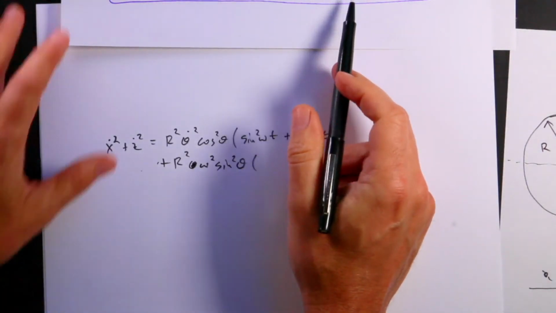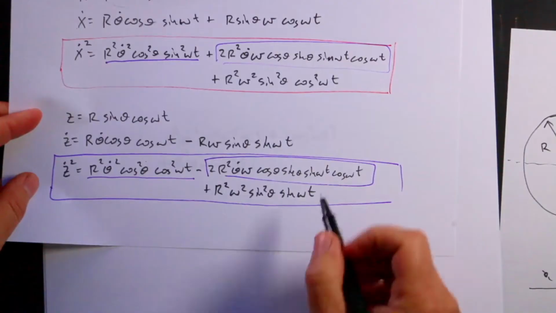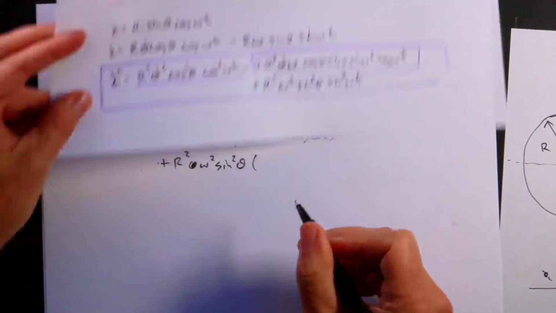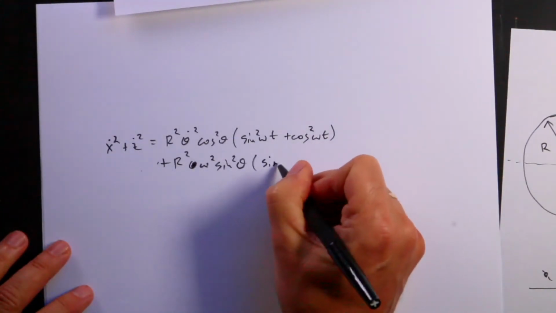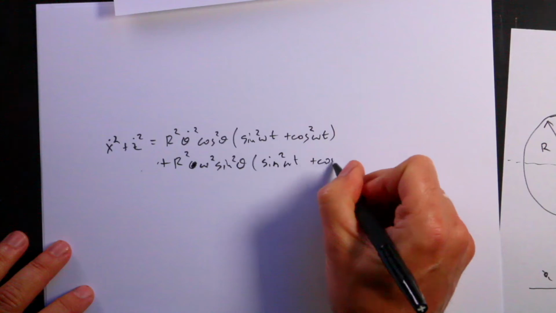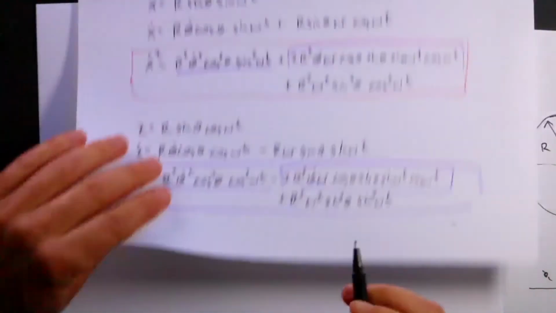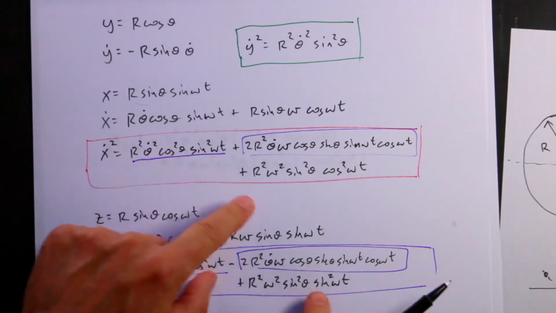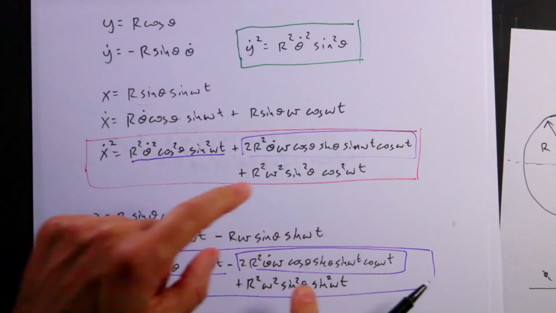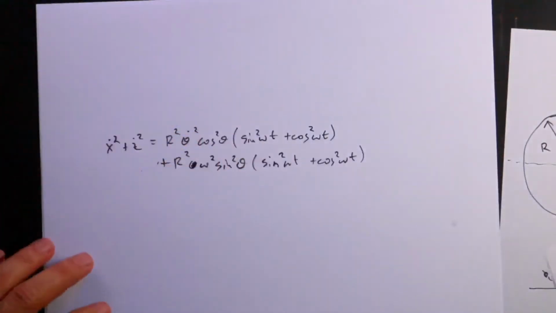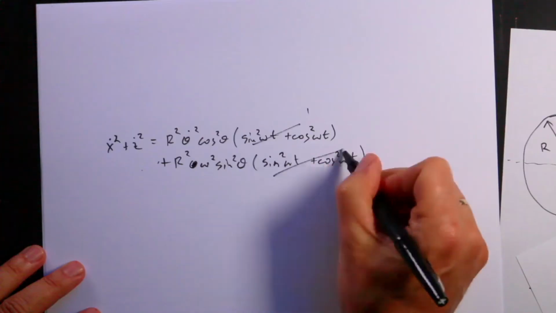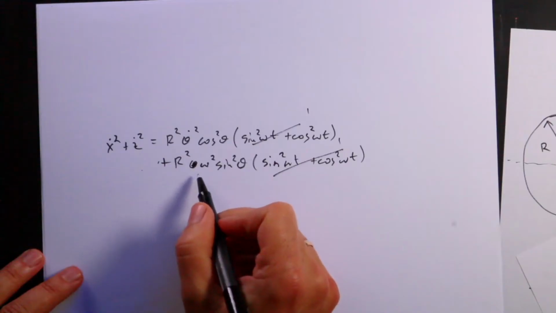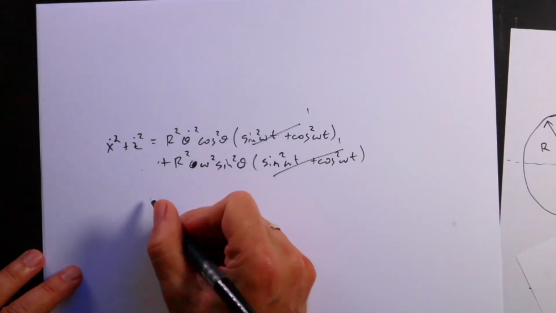And then I have, let's see, sine squared omega t plus cosine squared omega t. I get that same thing twice? Let's see. Factor out that. Factor out that. Yeah. Okay. So this is 1. And this is 1. Right? Because I have sine squared plus cosine squared is 1. And so now I just get this.